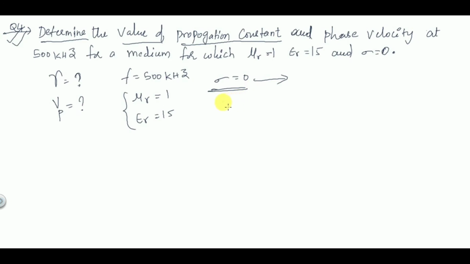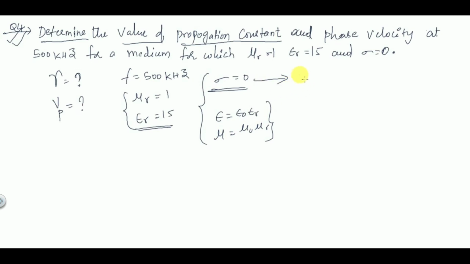And for free space, epsilon is equal to epsilon naught only. But here there is some value for epsilon r, that is epsilon is equal to epsilon naught into epsilon r, you have to consider. And similarly mu is equal to mu naught into mu r. So all these three conditions are satisfied for which medium?